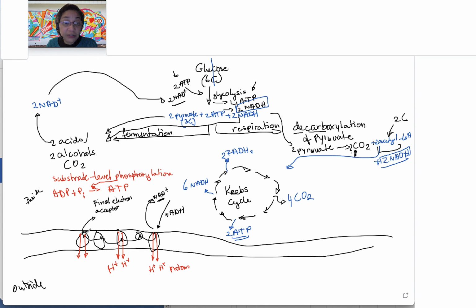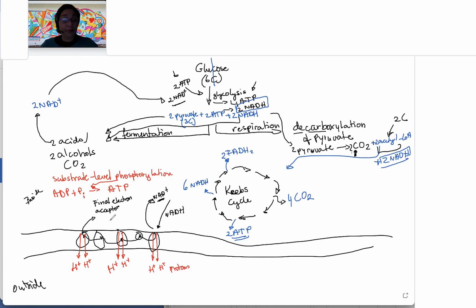And you don't need to know the names of these proteins. I'm trying to really focus on the big picture here. So as these electrons are flowing through the proteins, those proteins are using that flow of electrons as energy to pump hydrogen to the outside.